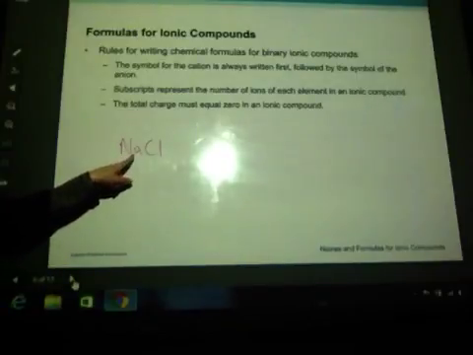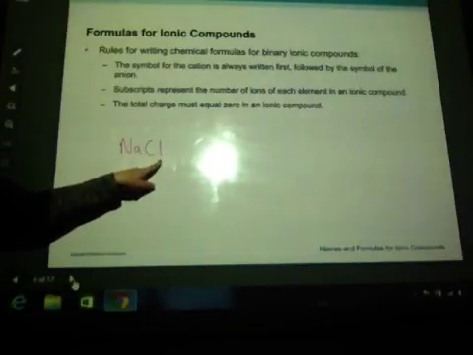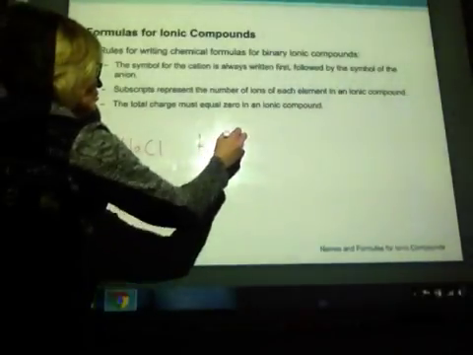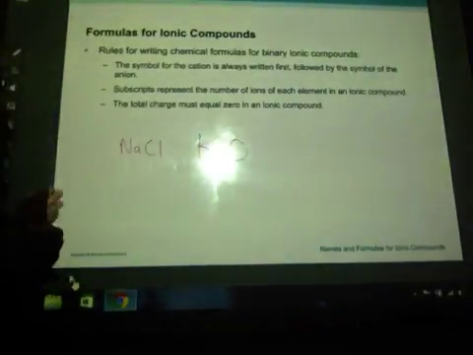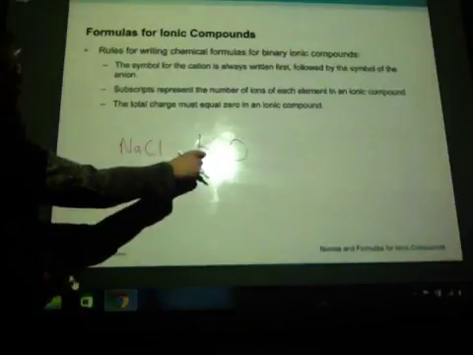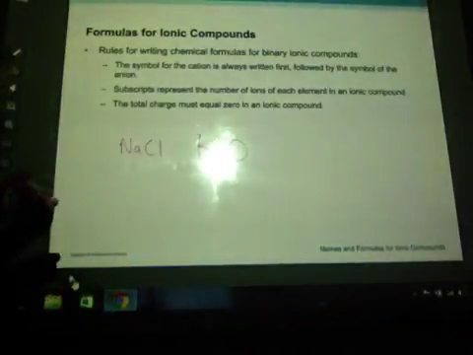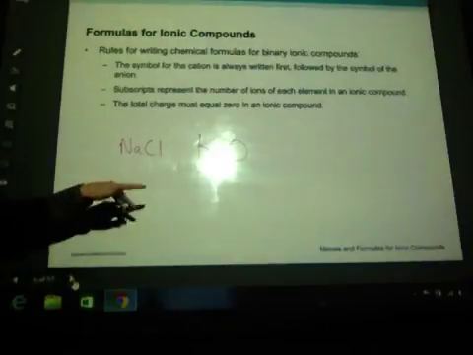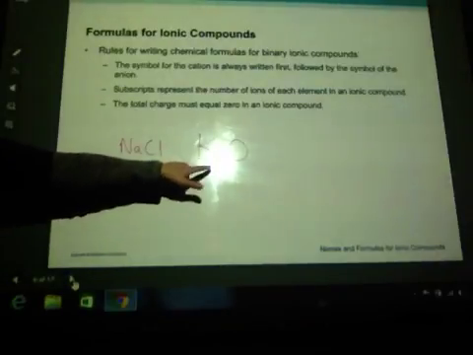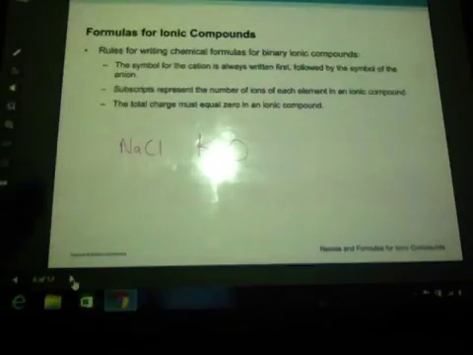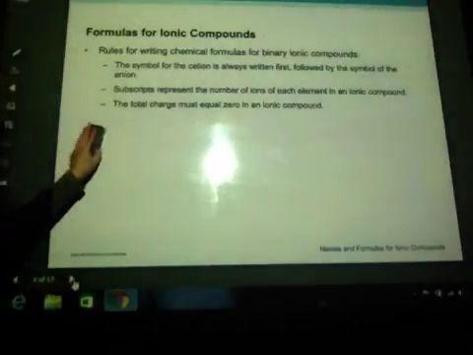That means I have 1 sodium, I have 1 chlorine. I could have K2O, which means I have 2 potassium and 1 oxygen. And we'll discuss why. Why do we use subscripts? How come this one has a subscript and this one doesn't? So we'll show how that works.